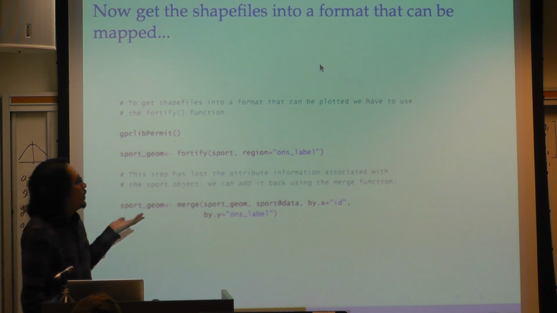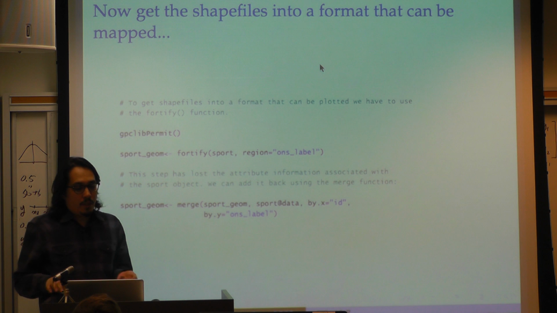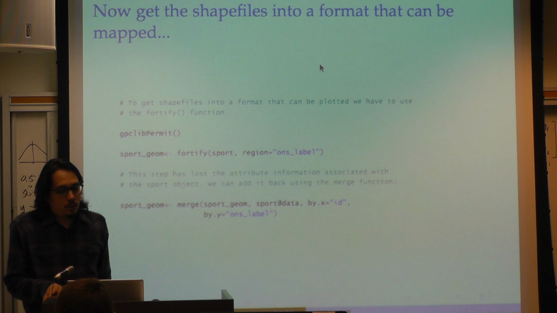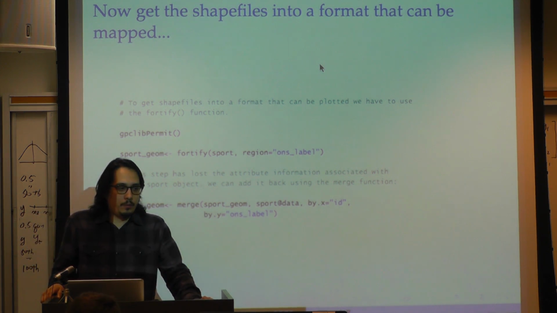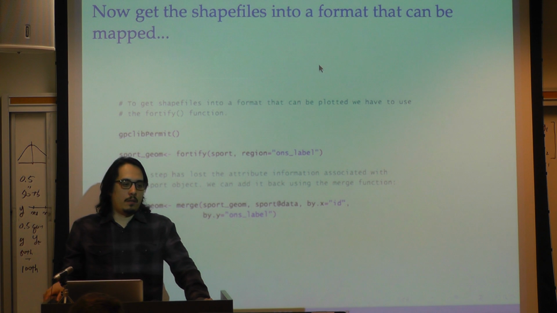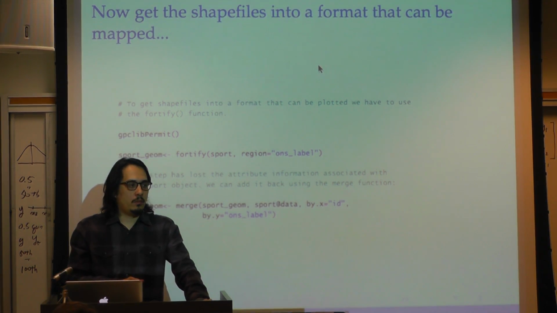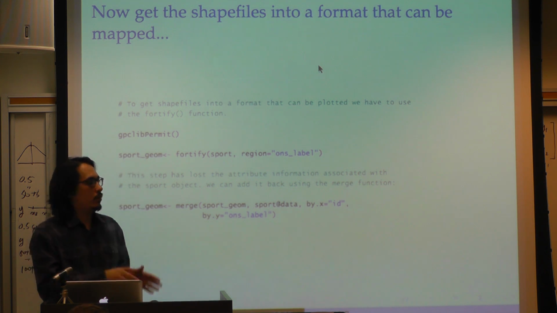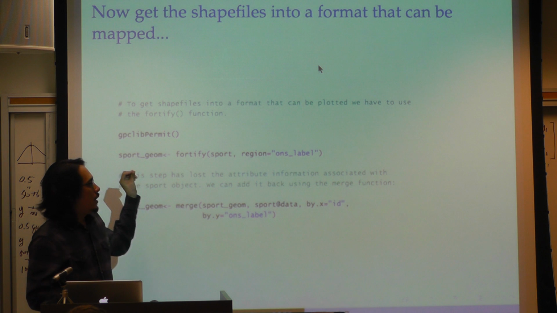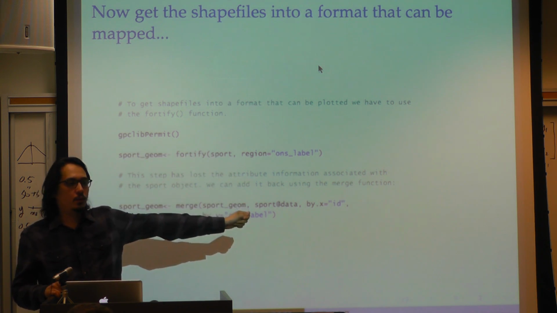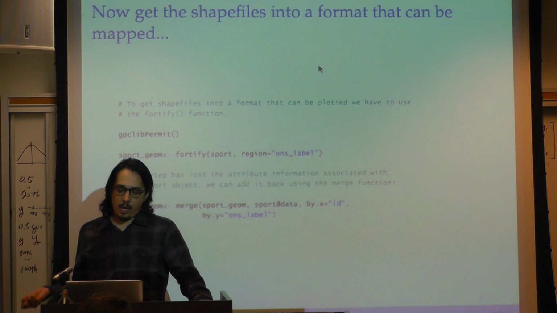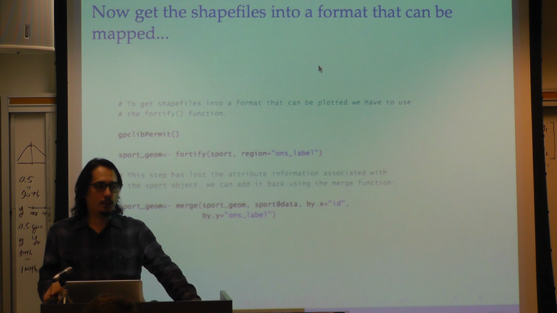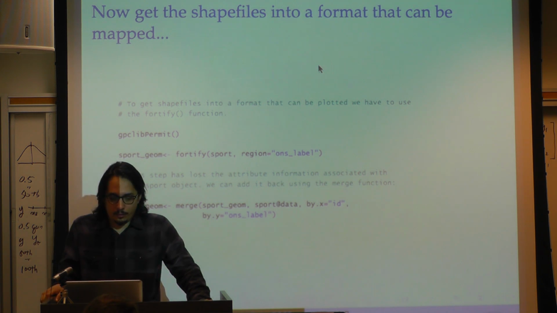To get the shapefiles into a format that can be plotted or mapped, we have to use this fortify function. From what I understand, for some reason ggplot reads the coordinates in a different way. They are stored in one column, I think, in the shapefile, and you have to split them, obtain the data frame, and then merge the attributes again to the data.